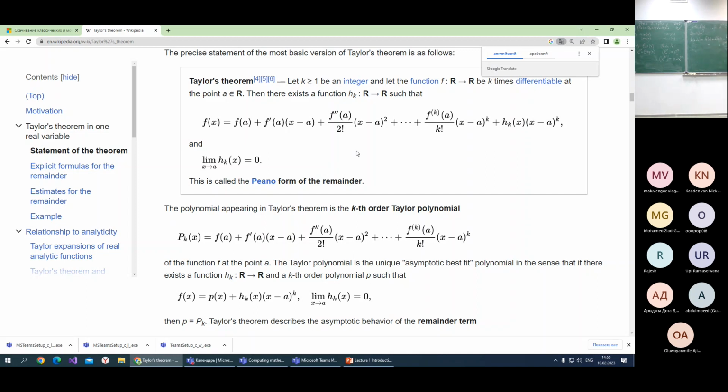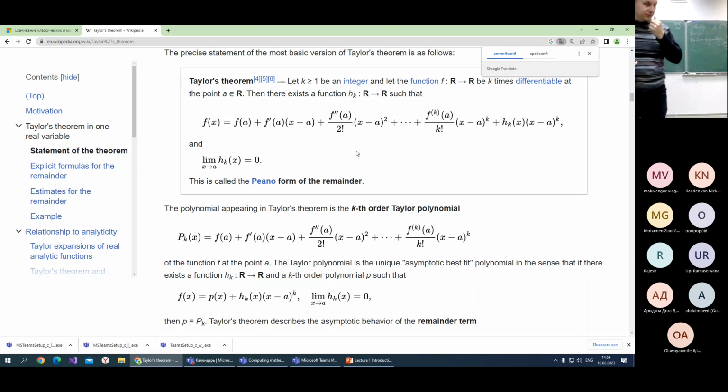The formula in Wikipedia is more or less the same. Here it uses a as x, and x minus a equals h. It's a step. It's the difference between these two points.